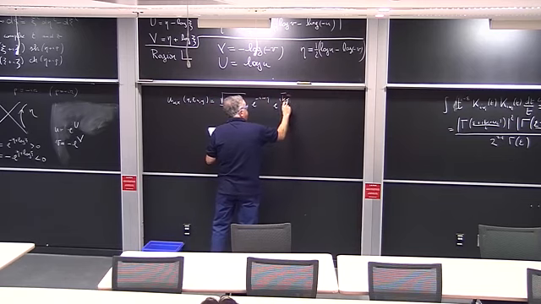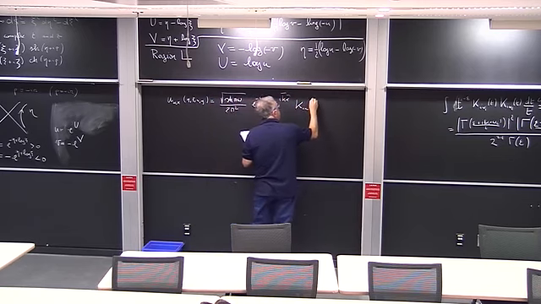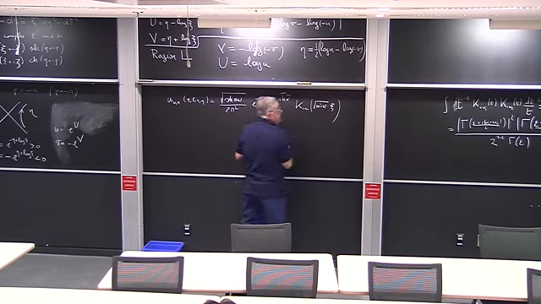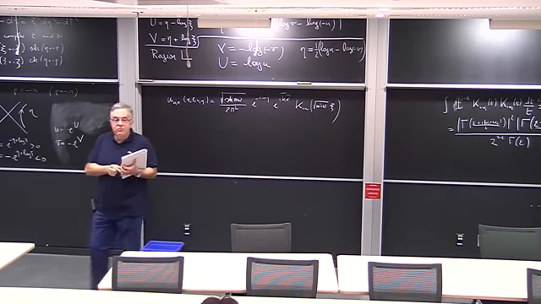I mean, this is a 2-vector k, K of i omega, square root of m squared plus k squared, psi. These are the normalized modes.